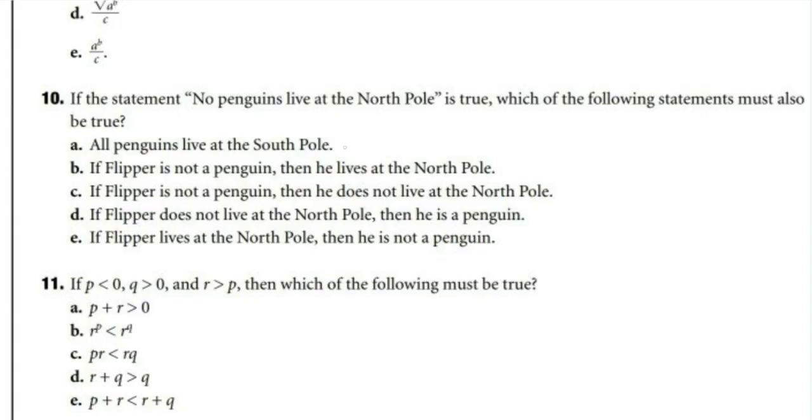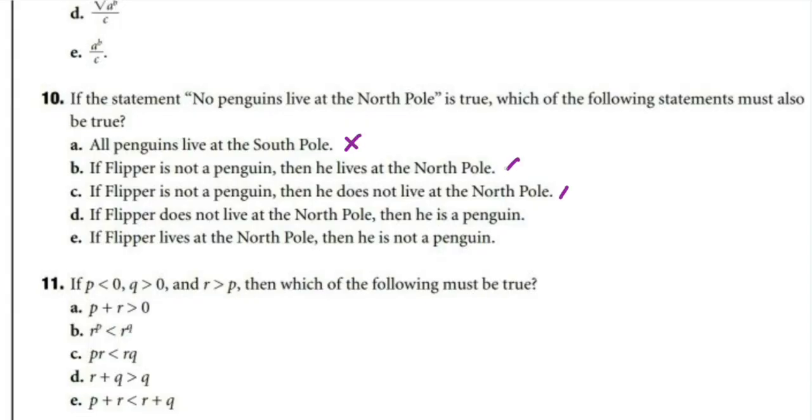All penguins live at the South Pole? No. It doesn't mean that if there's no penguins at the North Pole, then all of them live at the South Pole. If Flipper is not a penguin, then he lives at the North Pole? No. If Flipper is not a penguin, he does not live at the North Pole. Okay.